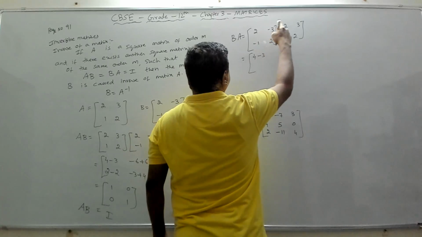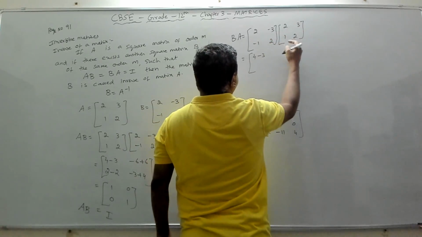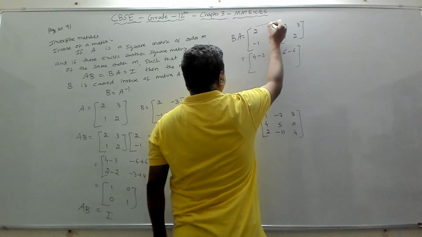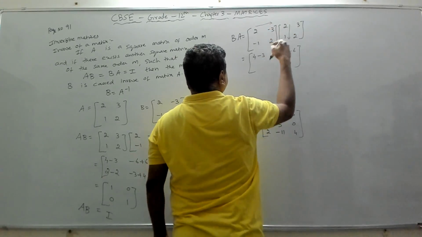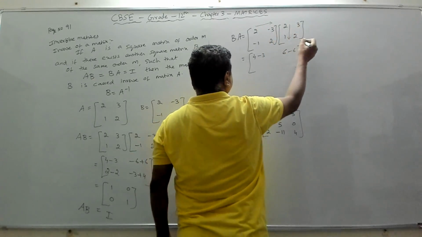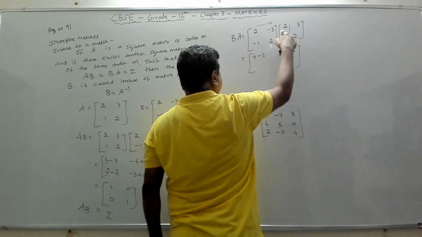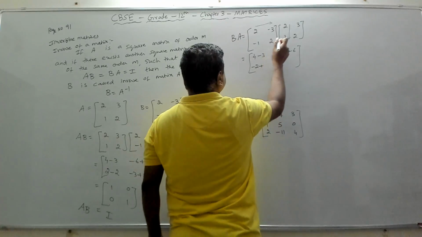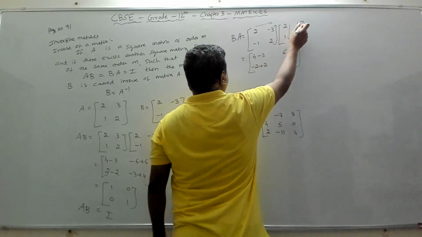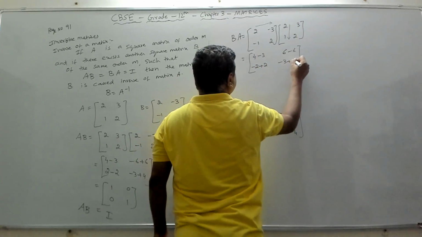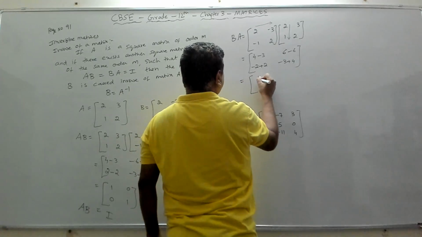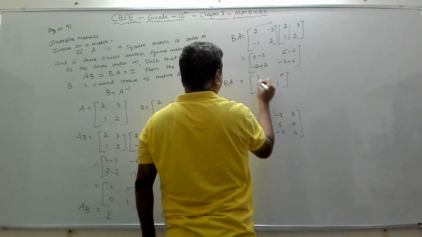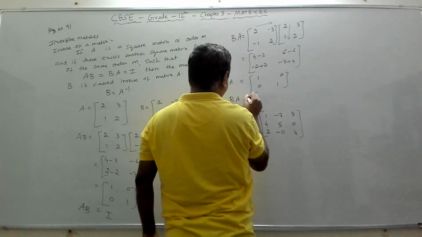Then 2 into 3 is 6, then minus 3 into 2 is minus 6. First row with first column gives this, first row second column gives this, then second row first column: minus 1 into 2 is minus 2, plus 2 into 1 is 2, minus 1 into 3 is minus 3, plus 2 into 2 is 4. You get again [1, 0; 0, 1]. So BA is also equal to the I matrix.